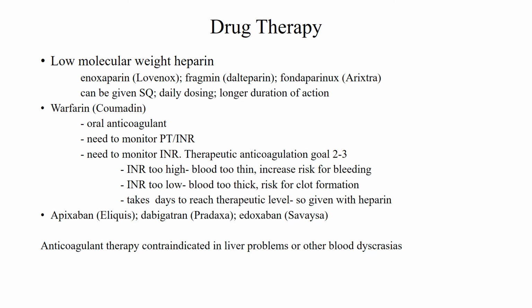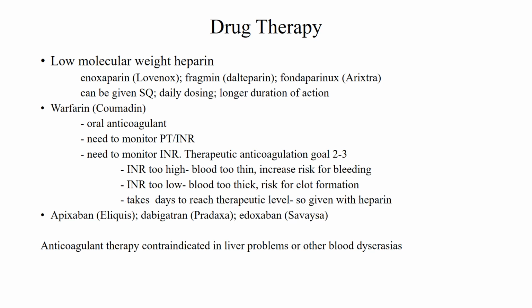Warfarin is an anticoagulant, and like I said before, we need to monitor the PT-INR, specifically the INR. On a patient taking warfarin or Coumadin, the therapeutic anticoagulation goal should be 2 to 3. So if the INR is too high, it means the blood is too thin and is taking a long time to clot.